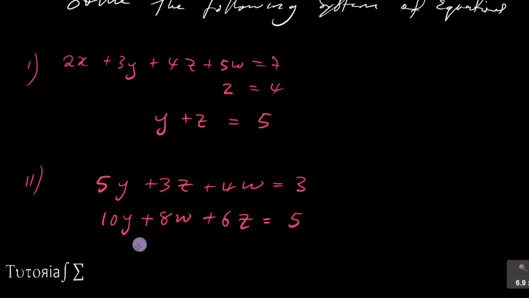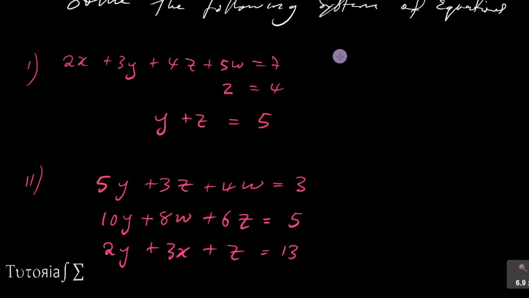Then we have 2y plus 3x plus z is equal to 13. Let me just add one more equation.